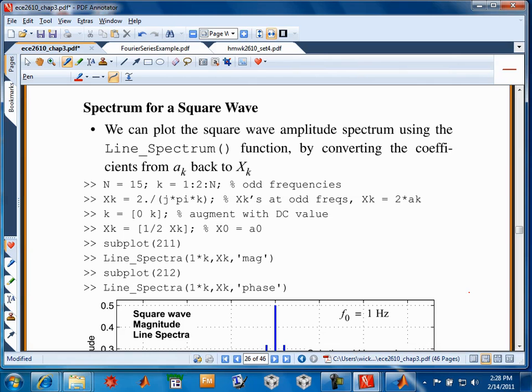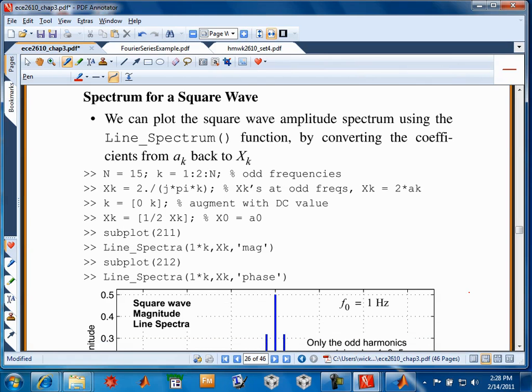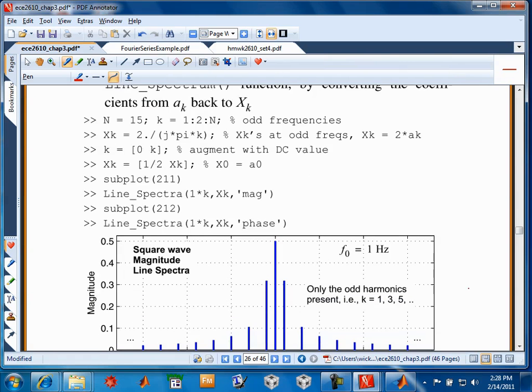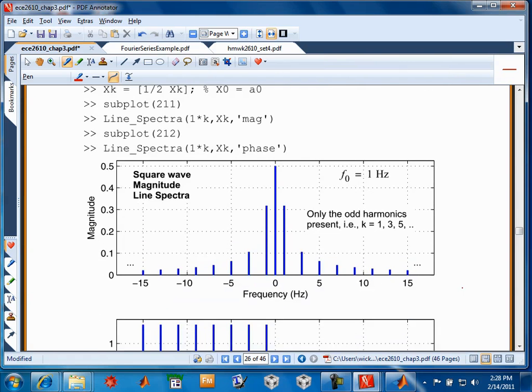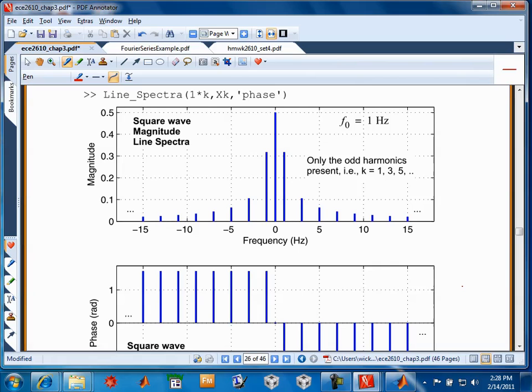If I use the line spectra function that was introduced earlier in the notes and set up a little MATLAB routine to generate coefficients, I can then get the line spectrum, magnitude and phase, for the square wave that was just talked about. We see spectral lines at DC, because of the average value being 1/2.